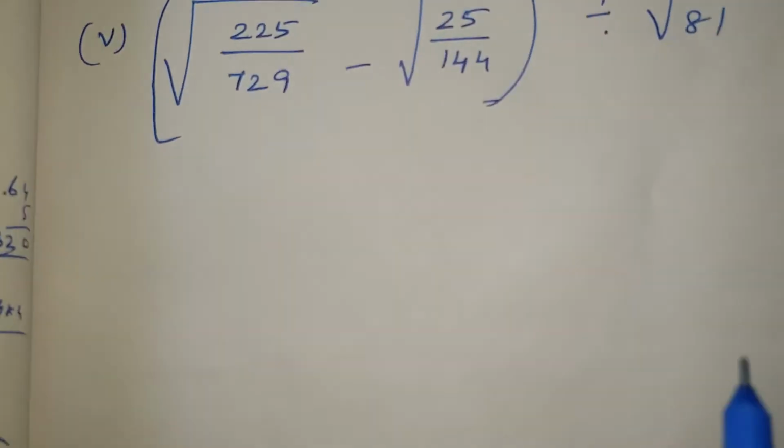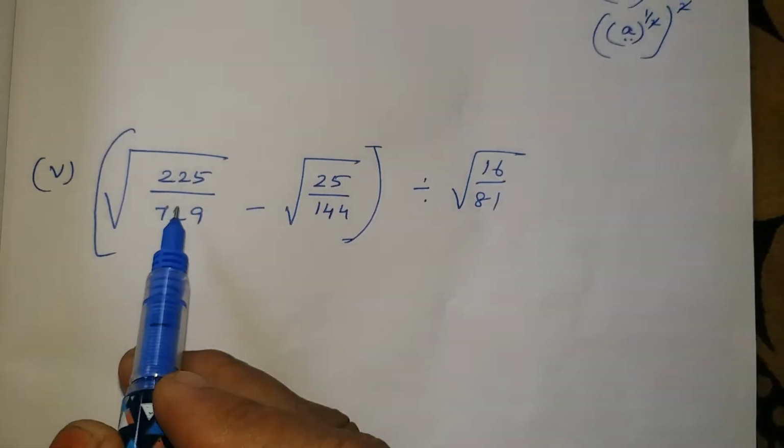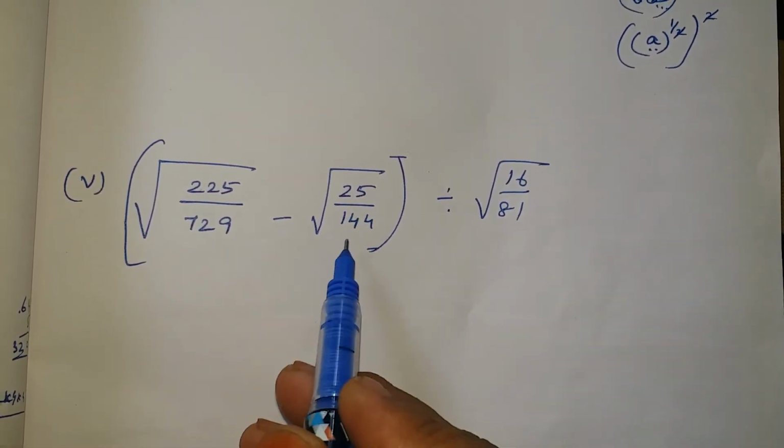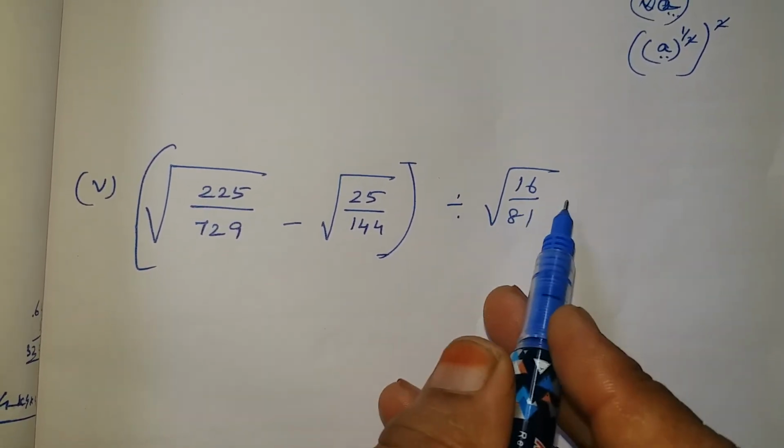Now for this sum: square root of 225 by 729 minus square root of 25 by 144, divided by square root of 16 by 81.